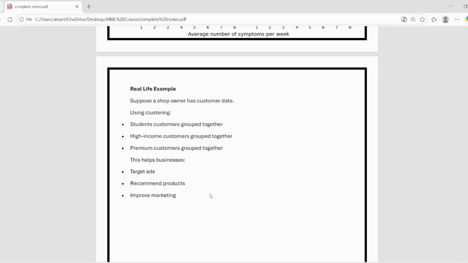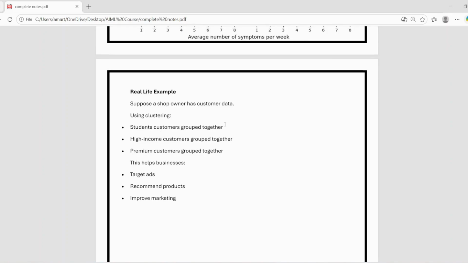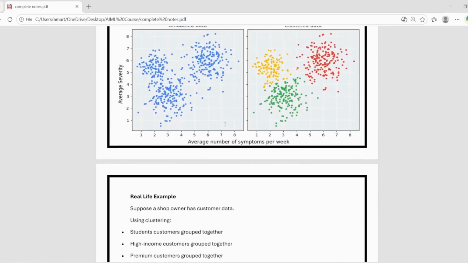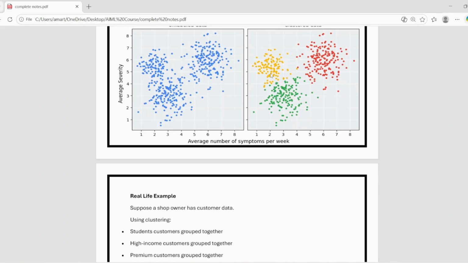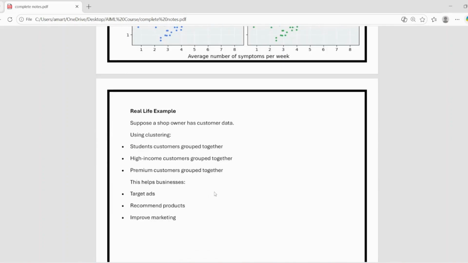Using clustering, you found a student cluster, and you grouped that together. Second, high income customers grouped together. And third, premium customers grouped together.